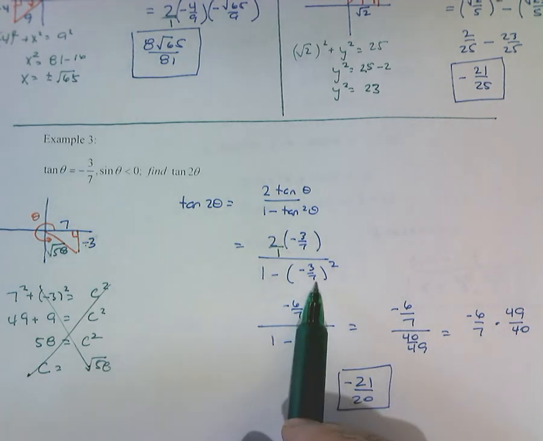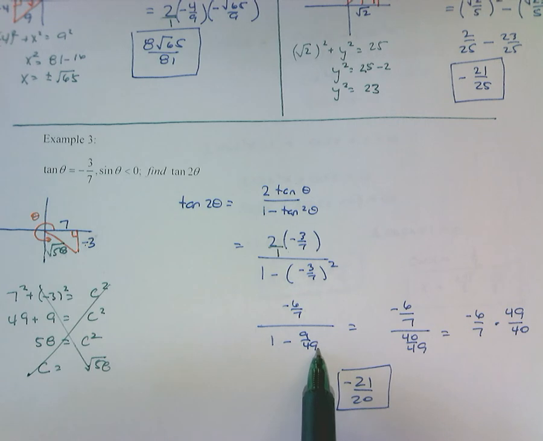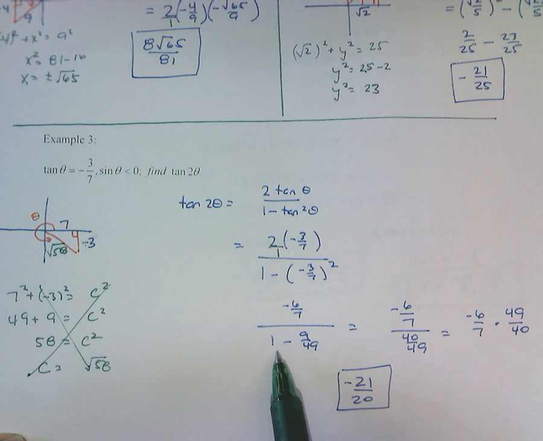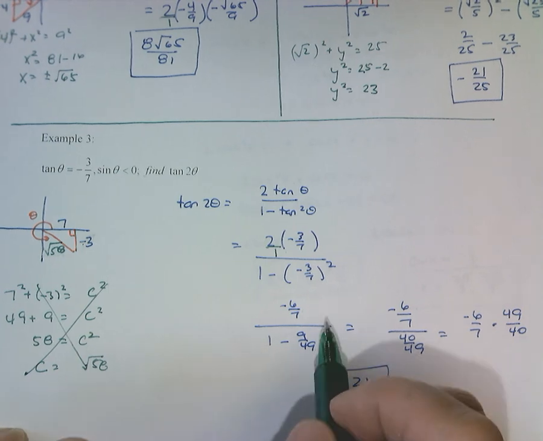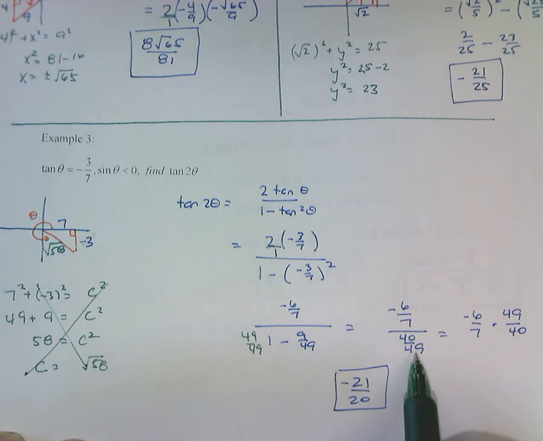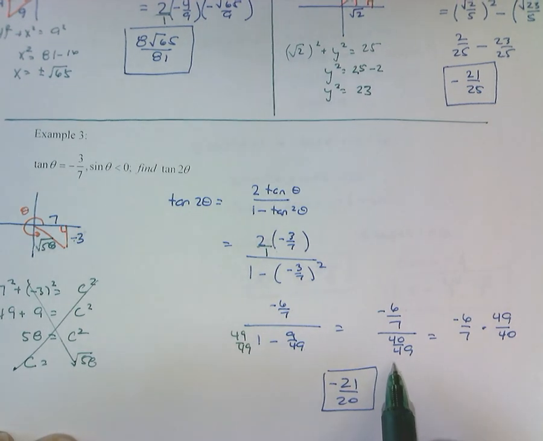When I square negative 3/7, I get a positive 9 over 49. Negative 6/7, 1 minus 9 over 49: 49 over 49 minus 9 over 49 gives me 40 over 49. When I divide by a fraction, I flip and multiply. So negative 6 over 7 times 49 over 40.